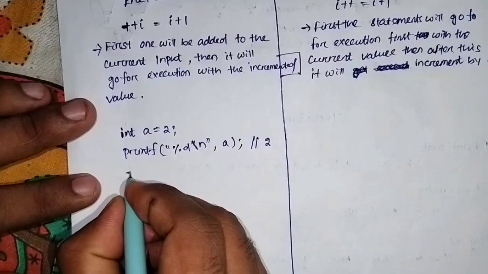Here a will give the output 2, because we have assigned the value 2 to the variable a. Understanding it another way, there is a bucket named a, and we have put 2 as its value. If we want to display what is inside the bucket a, it will show us 2.